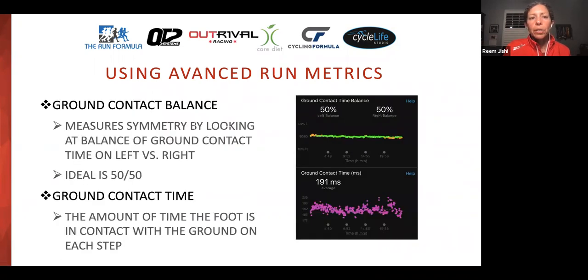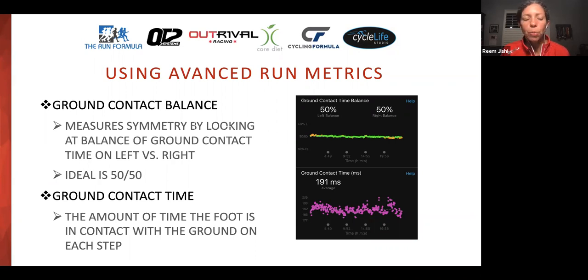And then ground contact time, I'll do that one first again. That's how much time your foot is on the ground. And this is where I mentioned if you're overstriding, or you've got a lot of knee bend somewhere, or you've got hip drop, then you're going to see a lot longer ground contact time. You're also going to see longer ground contact time if you're running slower.